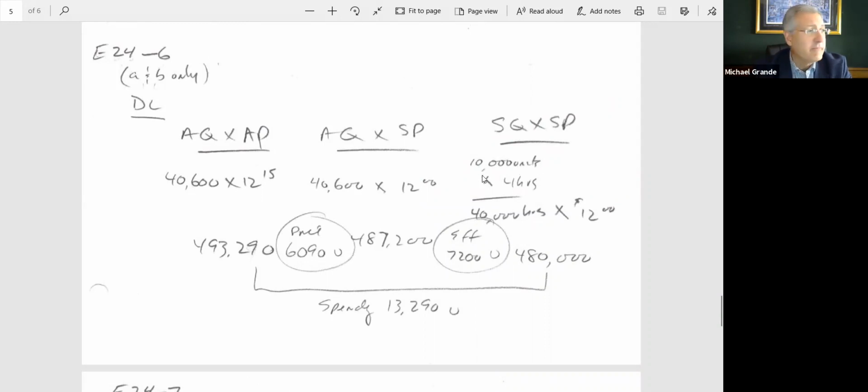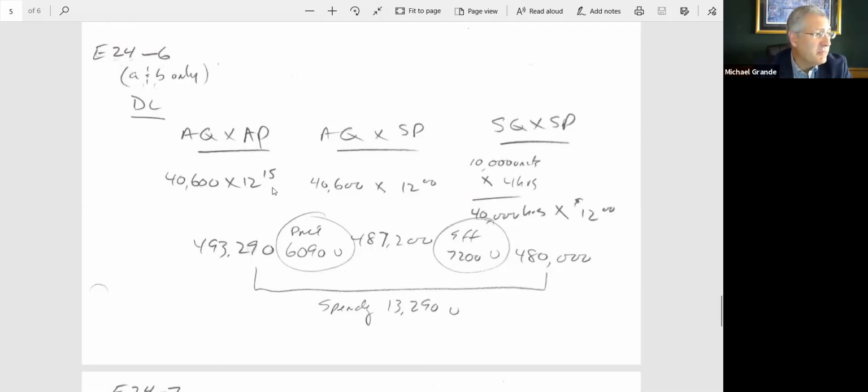So let's start with the actual output. 10,000 units was the actual output. It should have taken 4 hours per unit. They should have used 40,000 hours. The standard price, $12 an hour. They should have spent $480,000 on direct labor. How much did they actually spend? They told you they actually used 40,600 hours.